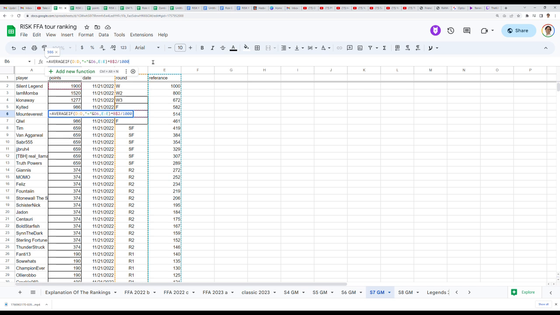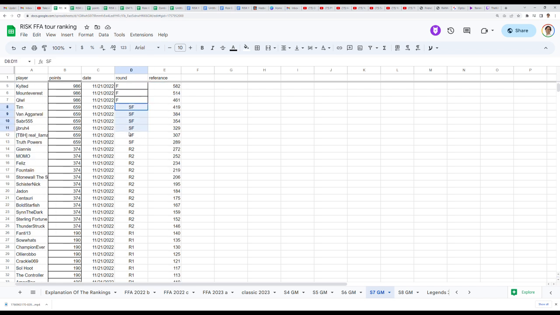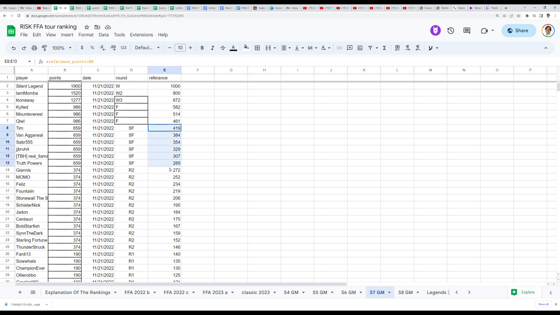Okay, we look at this column to find all of those with F. We average these times this divided by this, and we do it for every round. So it doesn't matter if you're in the semi-final, all the semi-finals points per position are averaged. If you're the second place, you get exactly the second place amount of points.